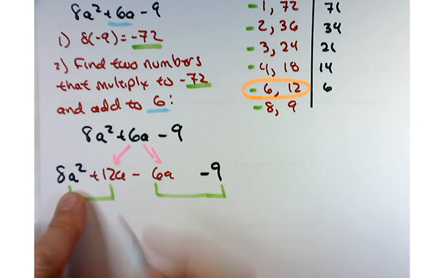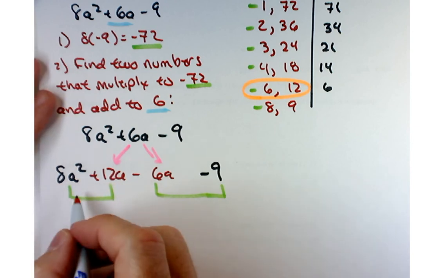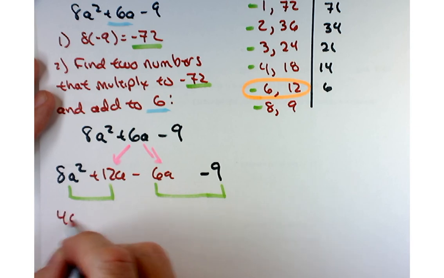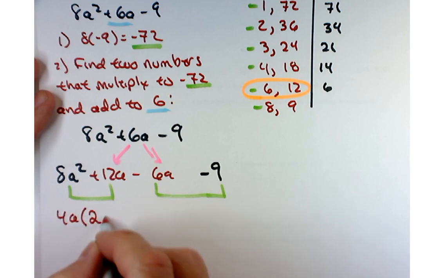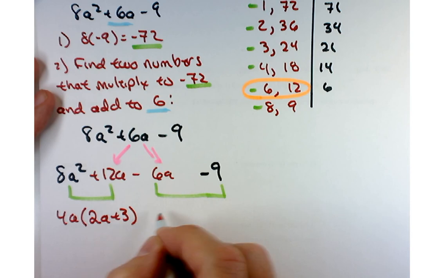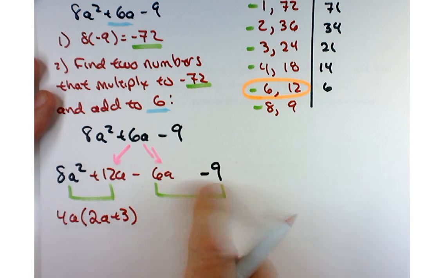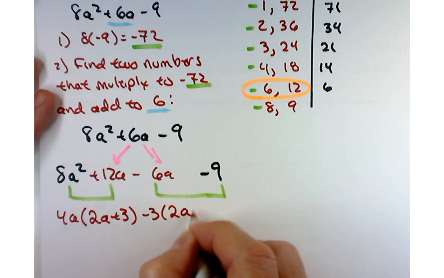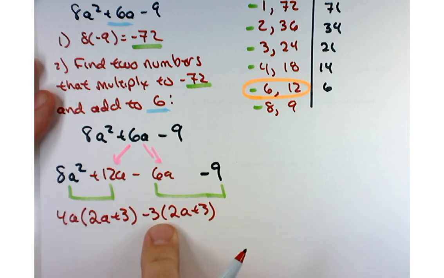Now you need to factor out the GCF here. What's the greatest common factor here? 4a, which leaves behind 2a plus 3. What can I factor out of this one? Negative 3, which also leaves behind 2a plus 3. If you're not sure about that, check it.